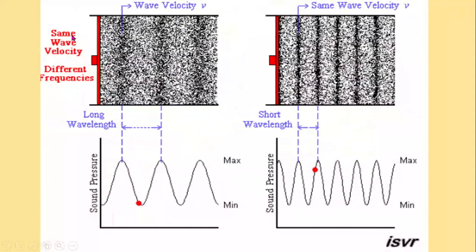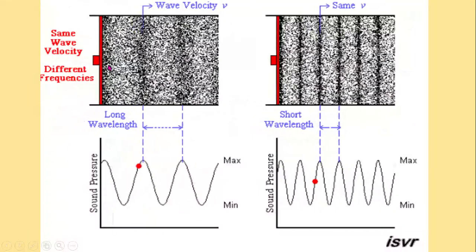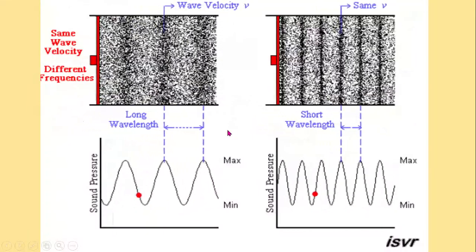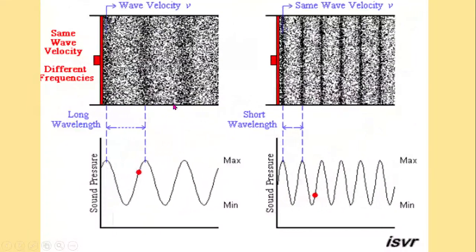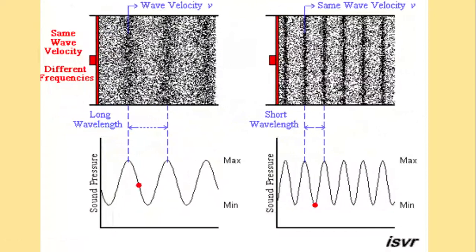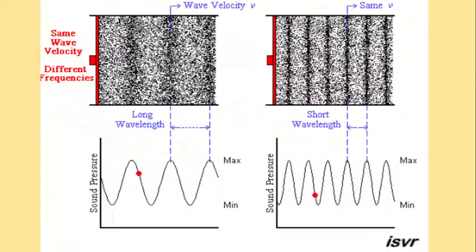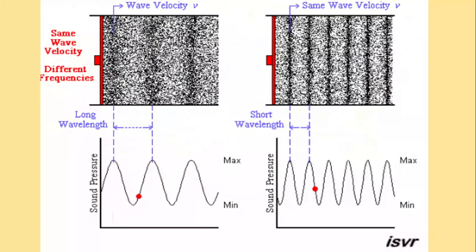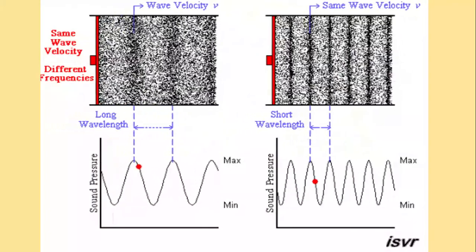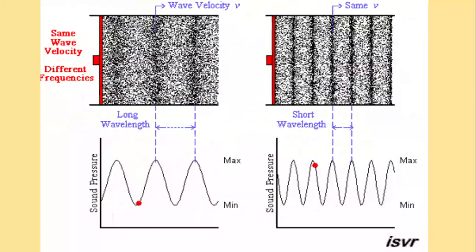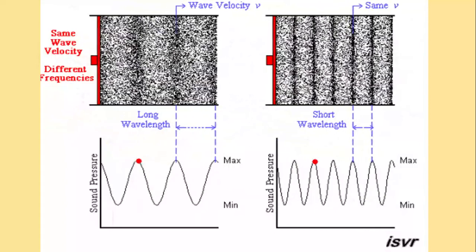That means if velocity is constant, then frequency and wavelength are inversely proportional to each other. So if wavelength is more, then frequency will be less, and if wavelength is less, then frequency will be more.